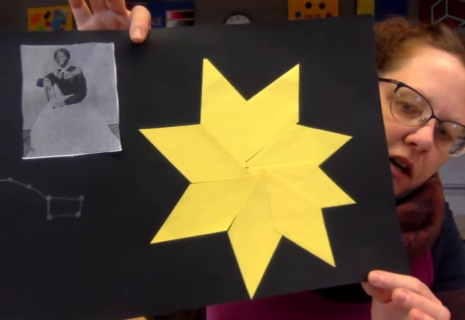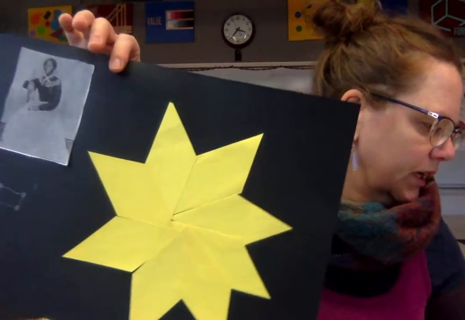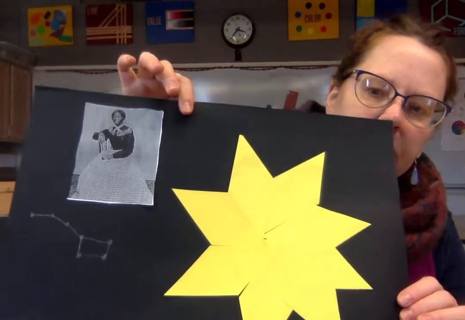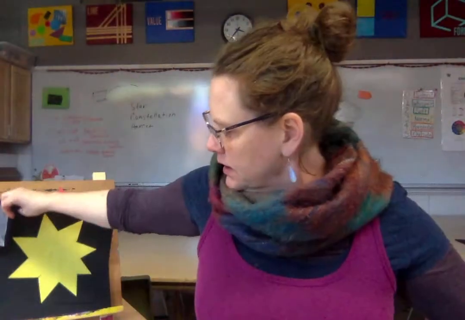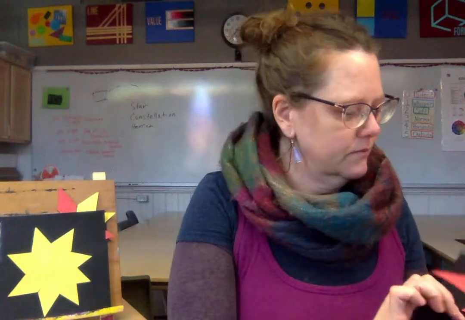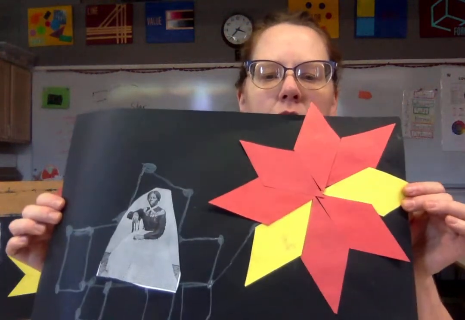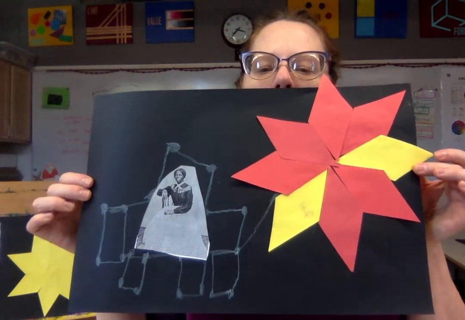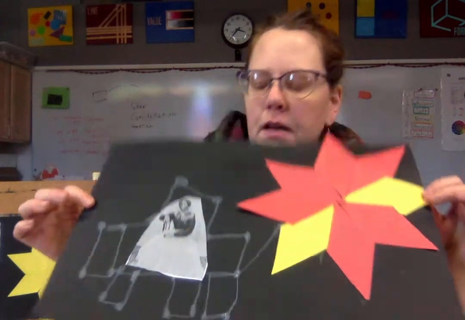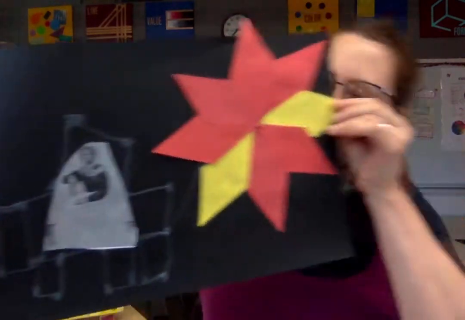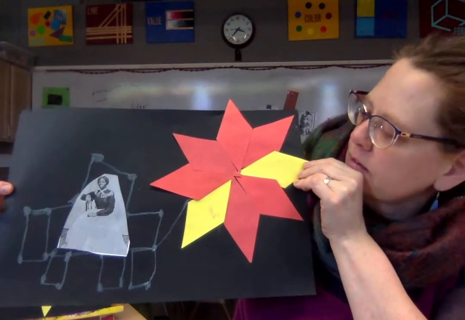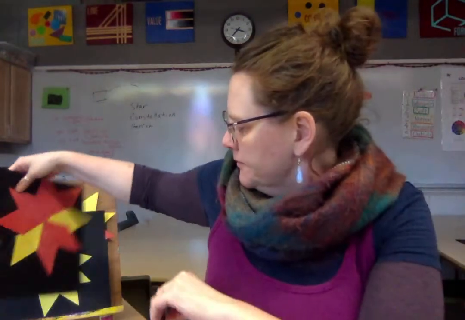And some more stars, Big Dipper, and they actually used Harriet as she was in the picture that I gave them. Students were told they could either choose to draw her or use the picture that I gave them. And there's a lot of Big Dippers going on there, but I like the Harriet and I like the star.